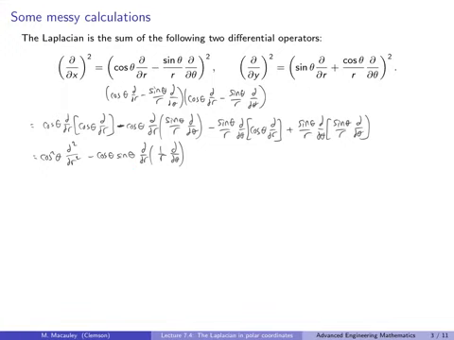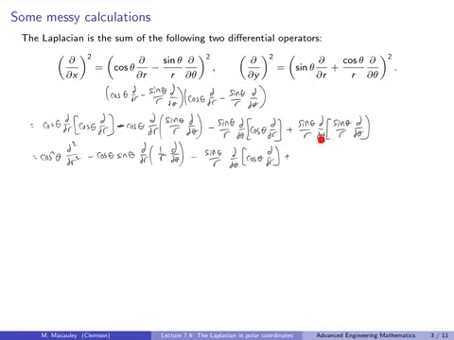Okay, so next we have minus. What can we pull out here? We have a d theta. We can't pull out either of these. So minus, I'm just going to leave this, minus sine of theta over r times d theta of cosine of theta d dr. And then the last one, we have plus, so what do we have here?